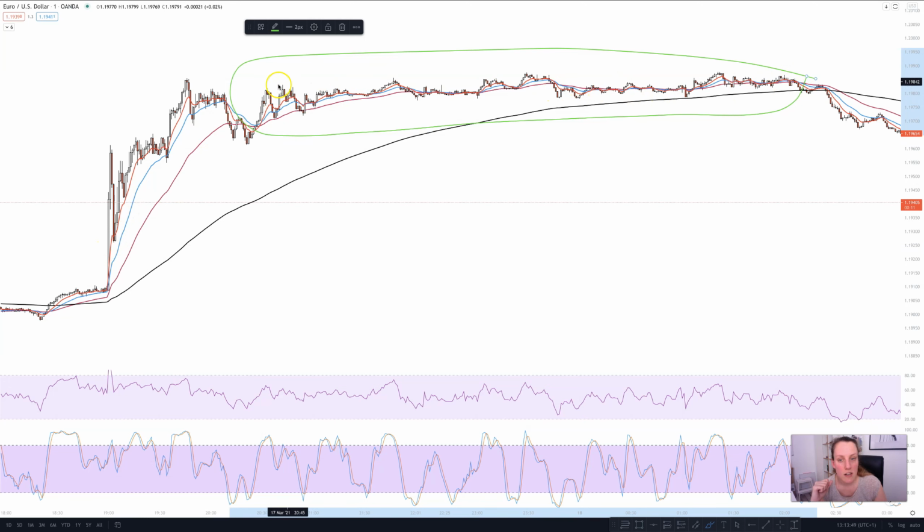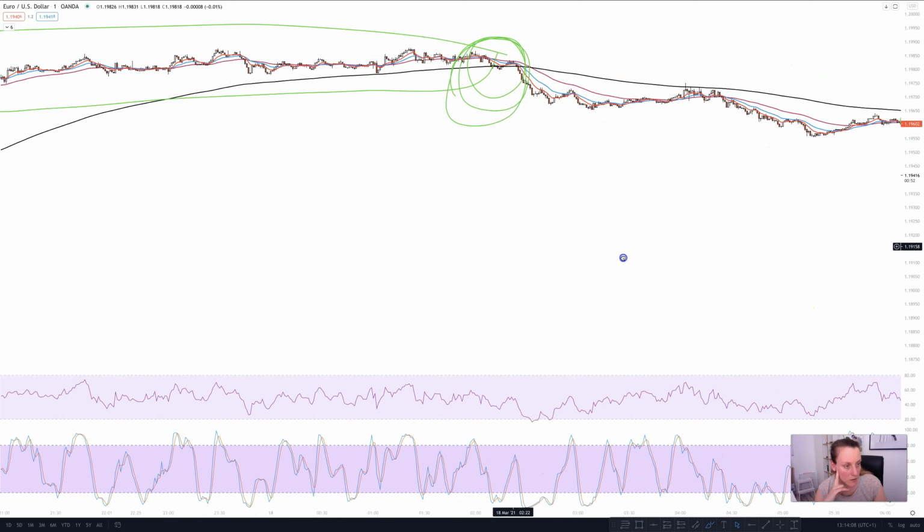So you see, this is a ranging market, and all the EMAs come to the 200 EMA here, and then you have to look at what happened when the EMAs and the candlestick move around the 200 EMA.